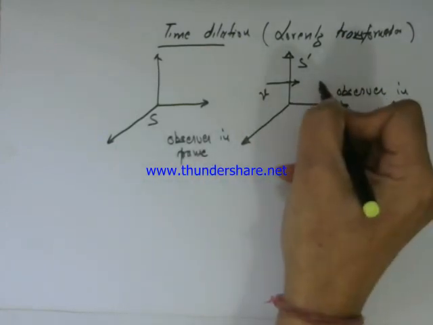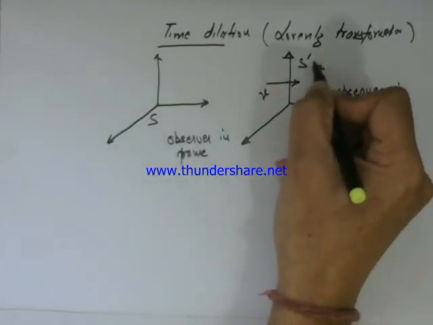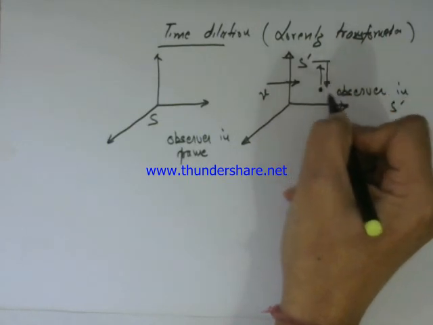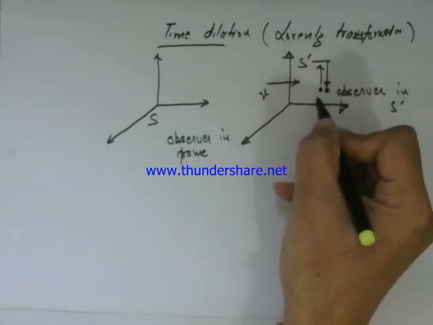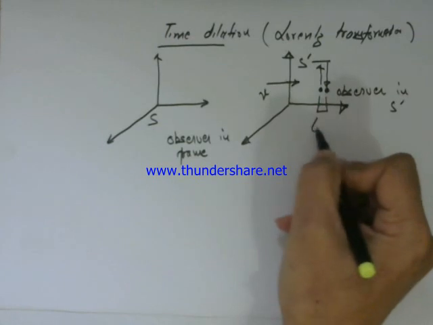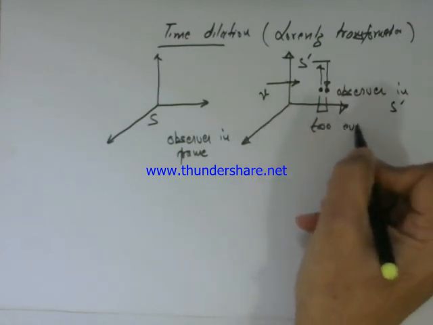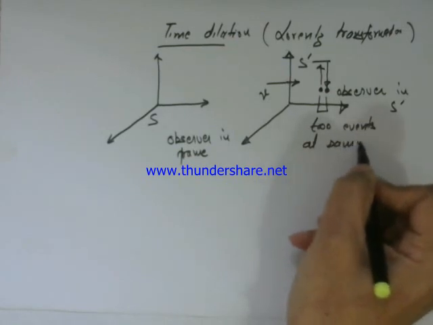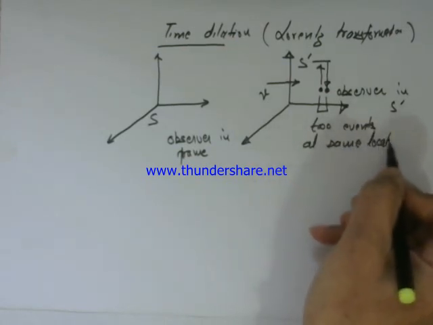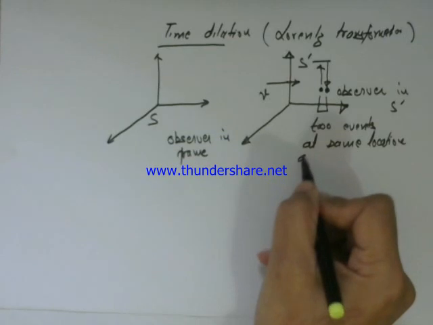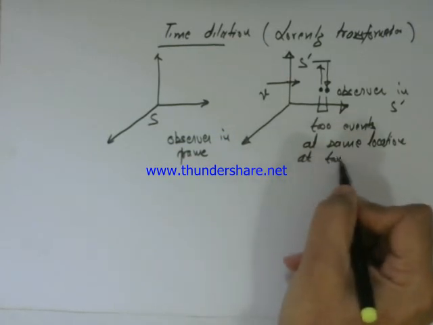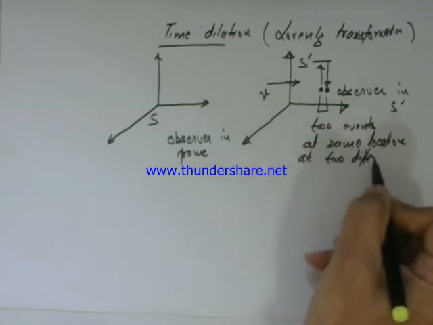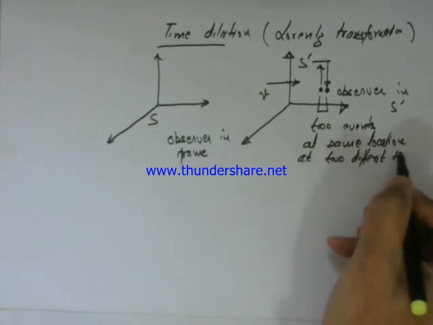Let there be an event, which could be a pulse being generated, being reflected, coming back and being recorded. So two events at the same location at two different times.